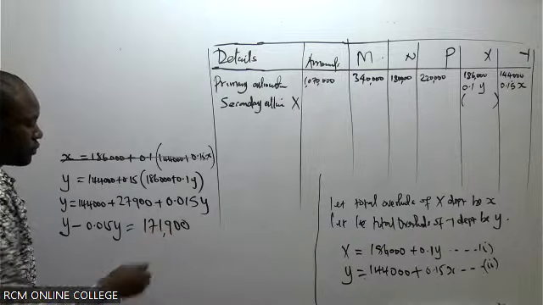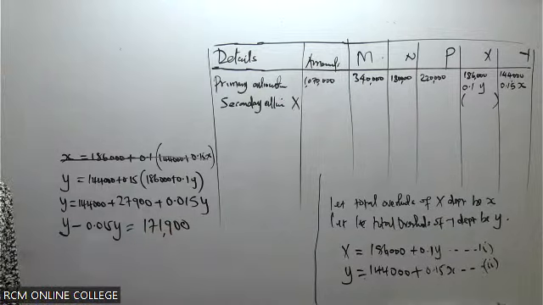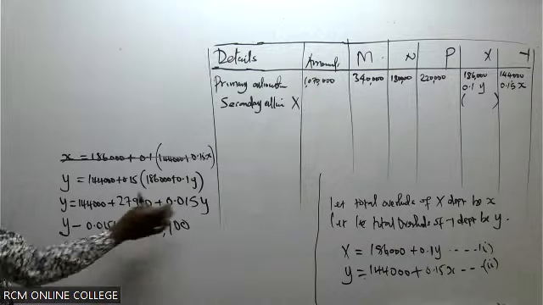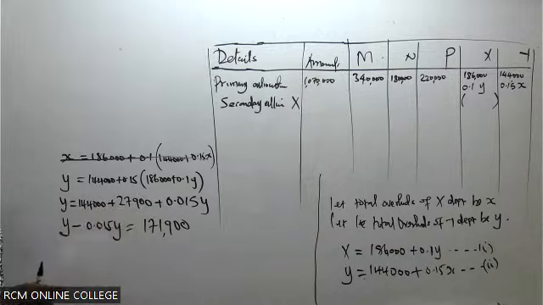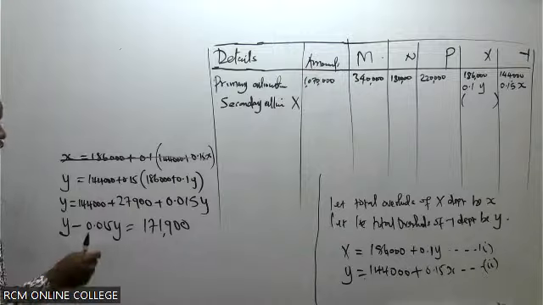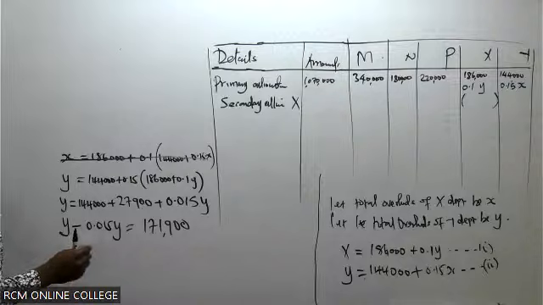I'm told this one is 171,900. Somebody to confirm? These two, if you add them, you are getting 171,900. Are you getting that? Good. So someone has gone ahead and even given us the difference here. Y minus 0.015Y is the same as something here.